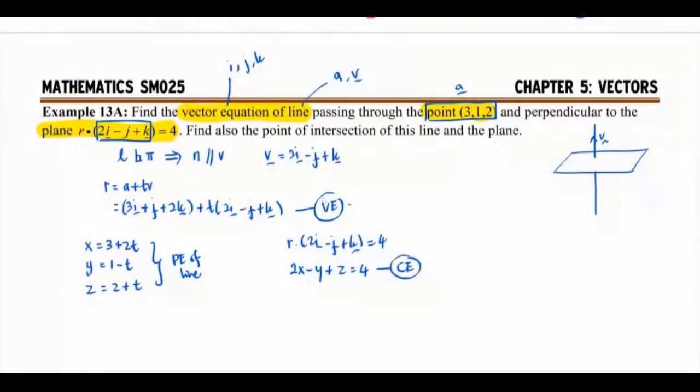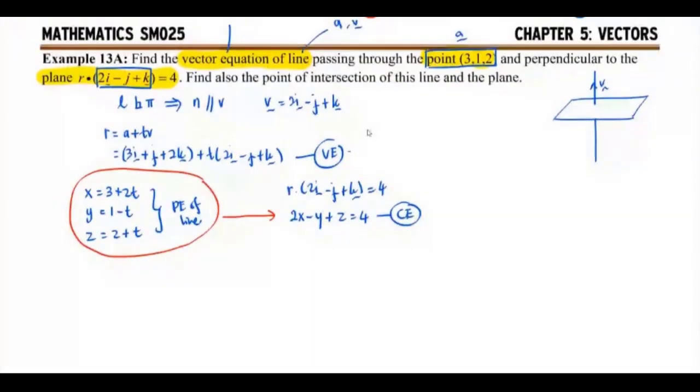So we will substitute this part into this one. Okay, so substituting, we will get 2 times 3 plus 2t, by substituting the x into here, minus y, which is 1 minus t, plus z will be 2 plus t equal to 4.